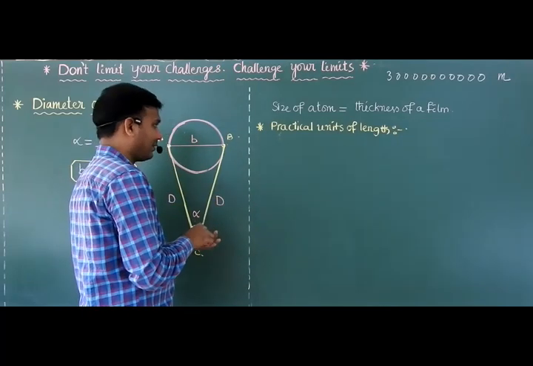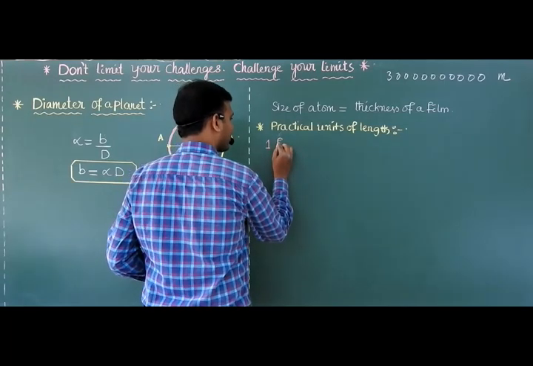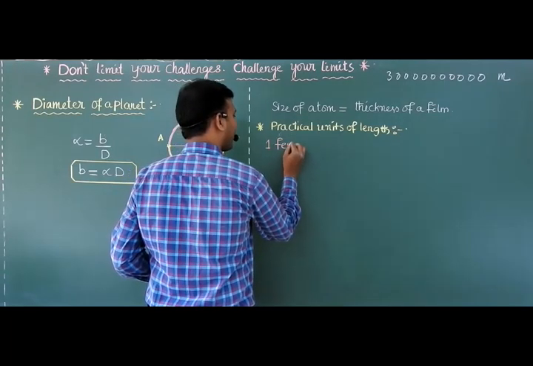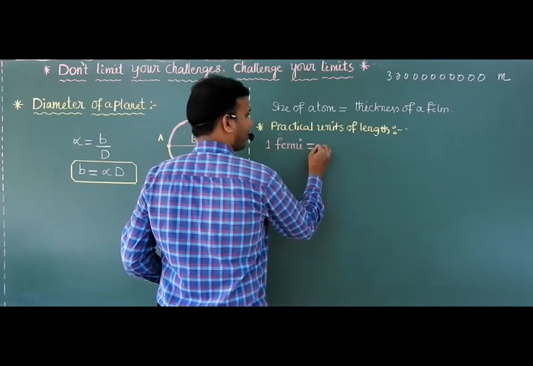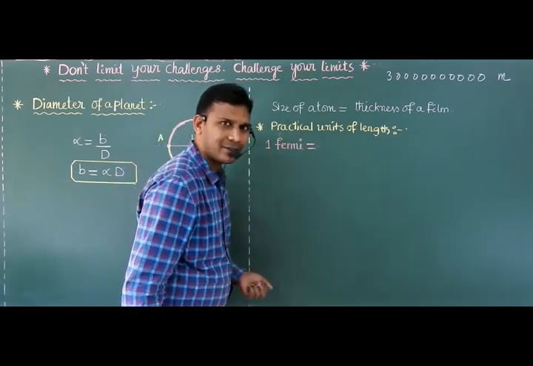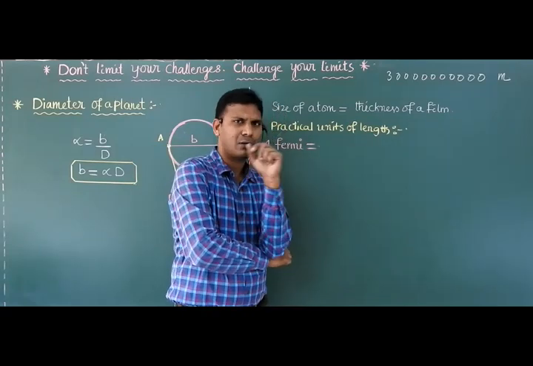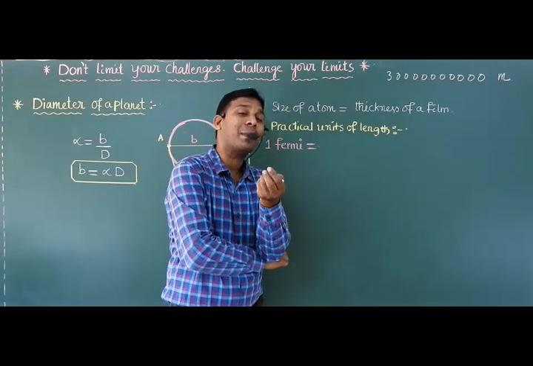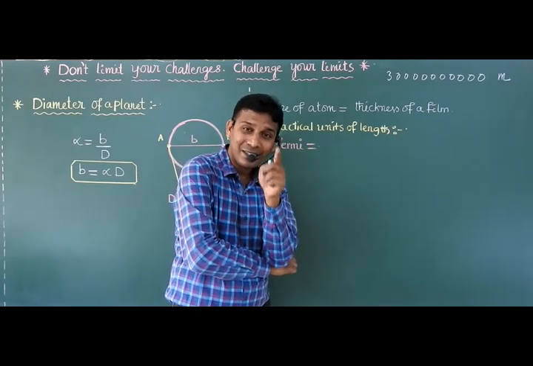What are the practical units of length? The first one is Fermi. 1 Fermi. Do you remember 1 Fermi? Multiples and submultiples prefix.